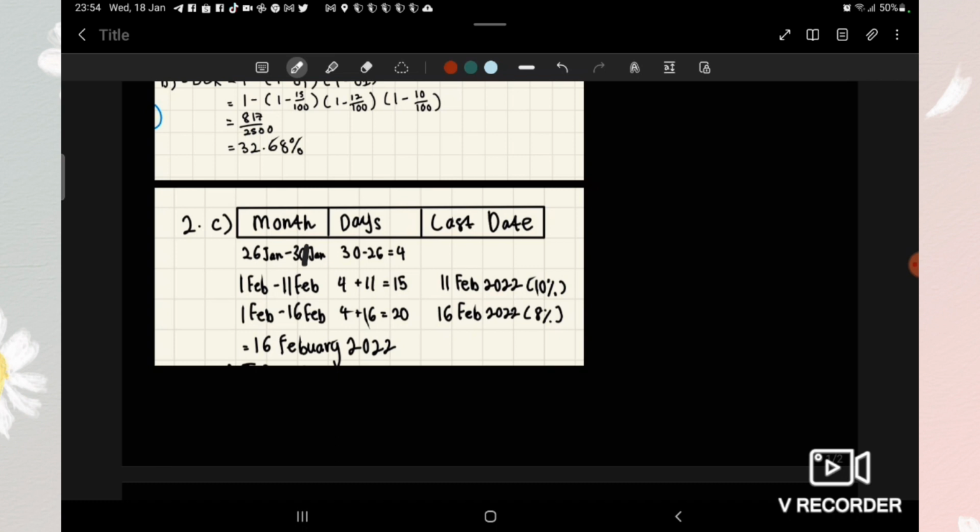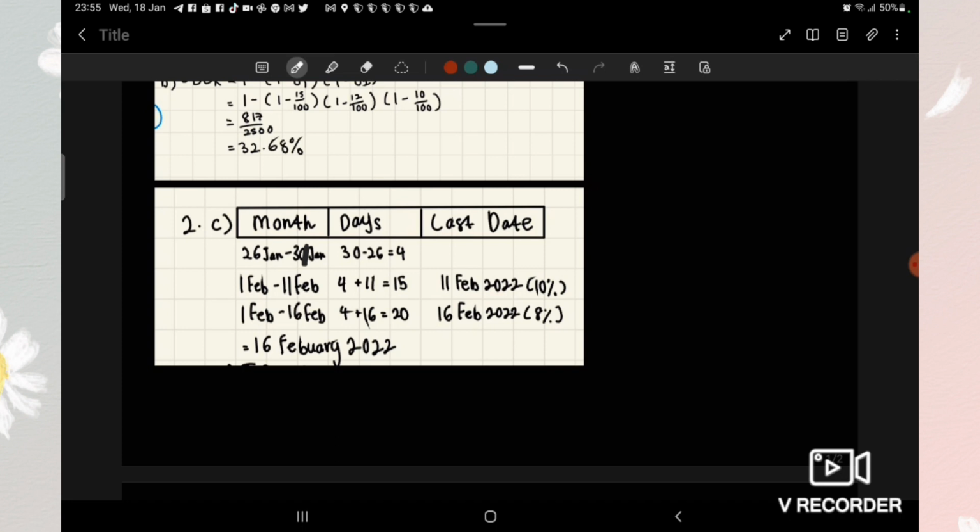For the cash date, we do not get anything. For the second month, we start with 1 February until 11 February, and take the answer from before: 4 days plus 11, we will get 15 days. So the last day we will get 10% is 11 February 2022.